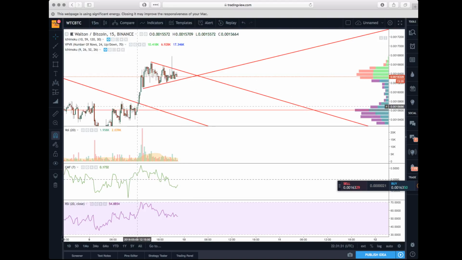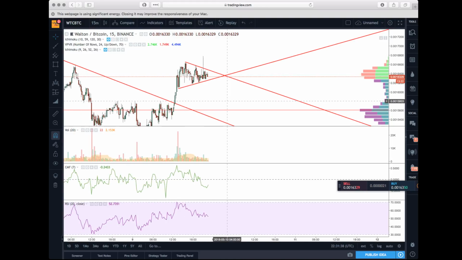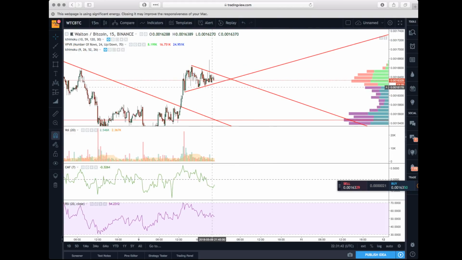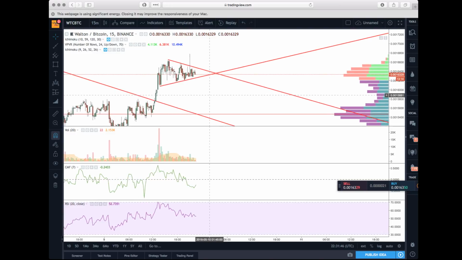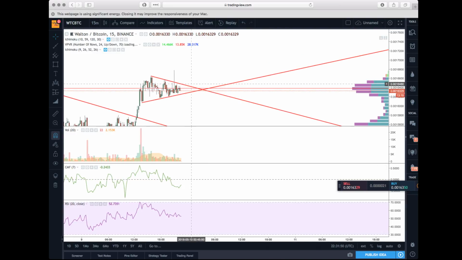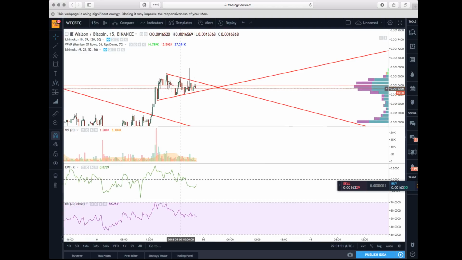It'll just retrace the full distance of that previous move, and that's something that often happens. Let's see. So symmetrical triangle, I'm generally just looking for it to break one way or the other. It's a no trade zone.